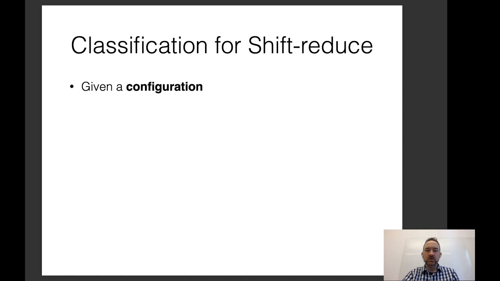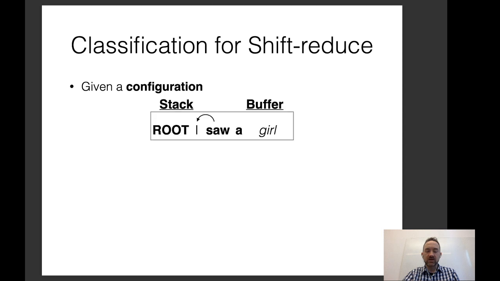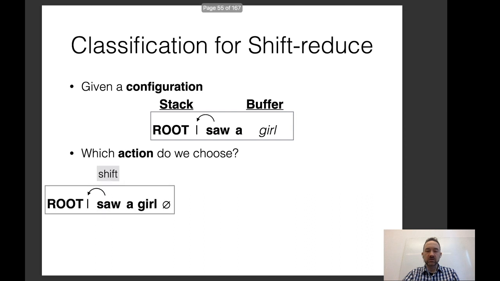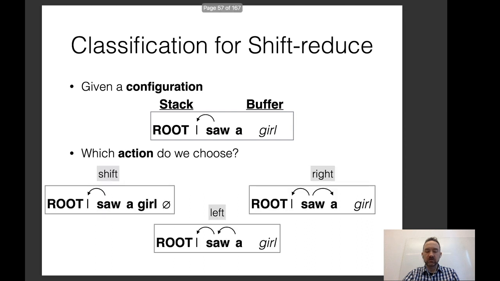In order to choose these actions, we basically want to train a classifier that will get the actions correct. Given a configuration, which is essentially the stack and the buffer items, we want to choose which action: we can shift, or do a left- or right-pointing arrow. As I said, if we pick the right actions, then we'll get the right tree, but this is, of course, a highly non-trivial task.